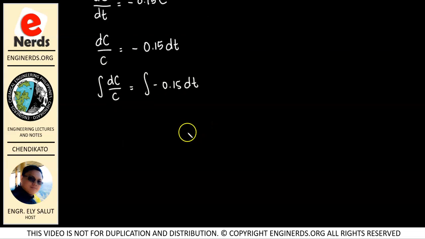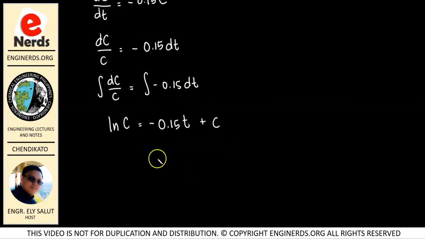Okay? Alright, so the integral of dC over C is ln C. And this is equal to the integral of negative 0.15 dt, which is negative 0.15t. And of course, we should not forget the plus C.